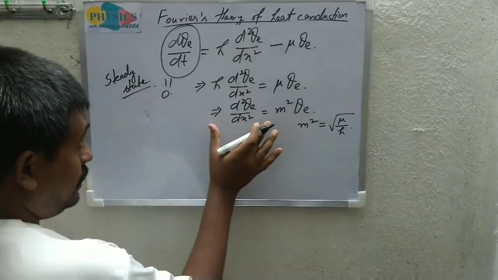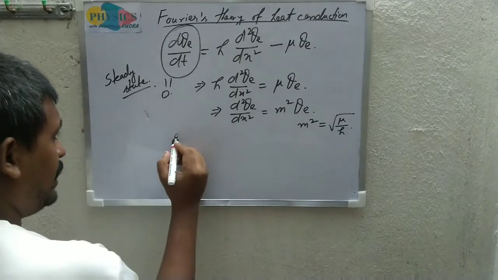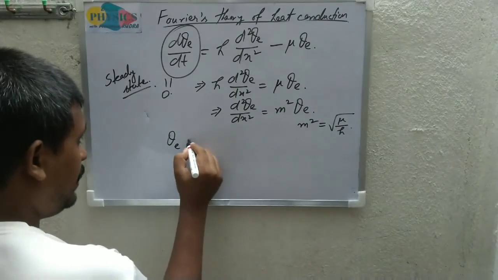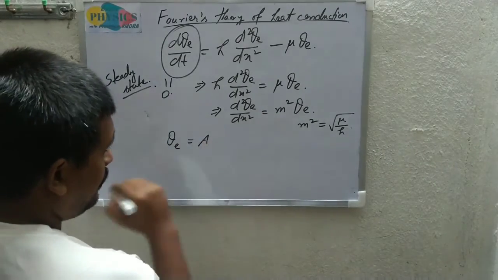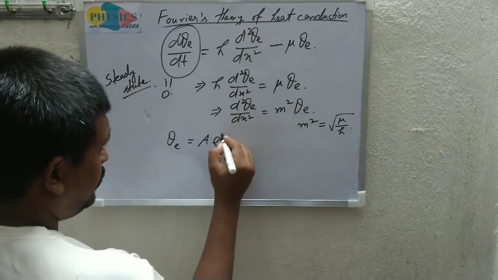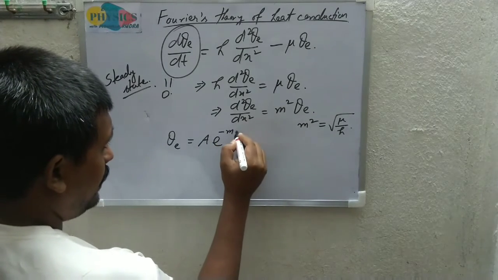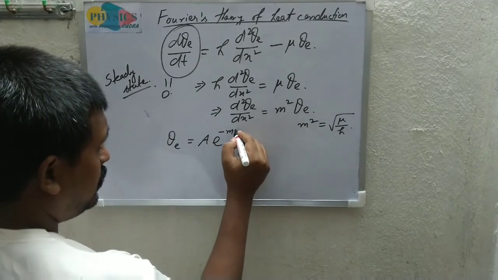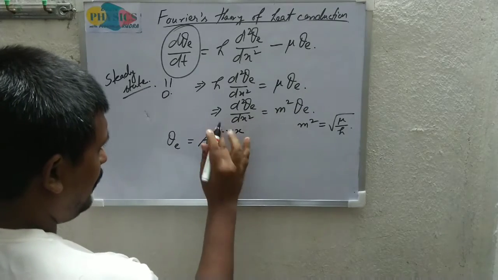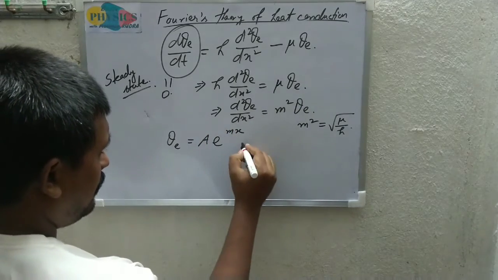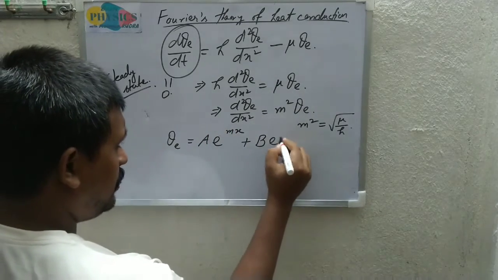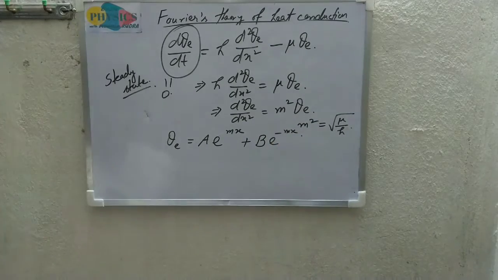So it is basically a differential equation, and the solution theta e will be a, a coefficient, into e to the power m x, plus b into e to the power minus m x.